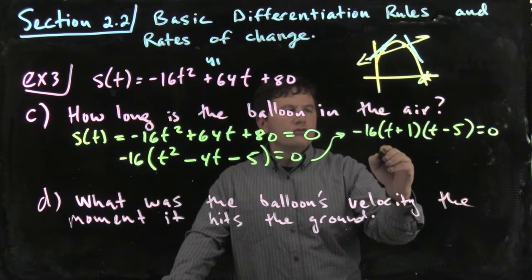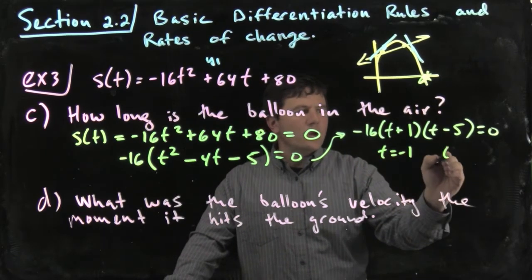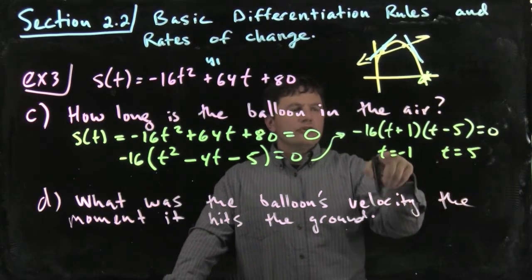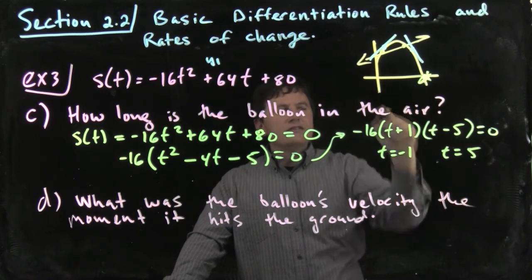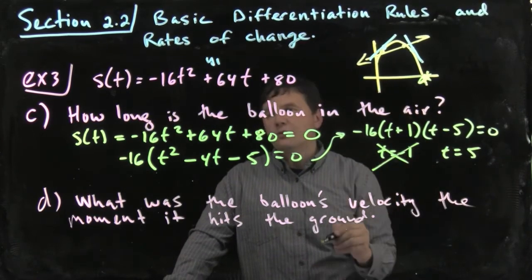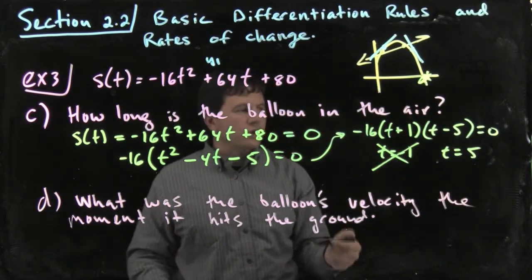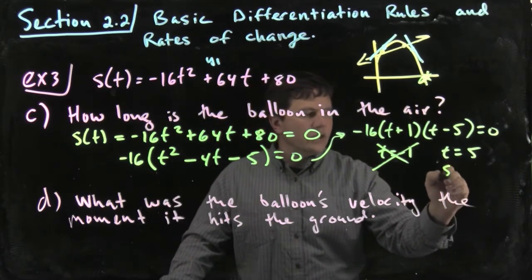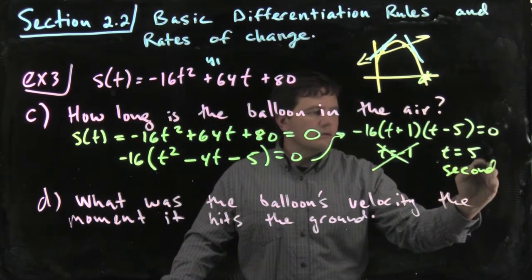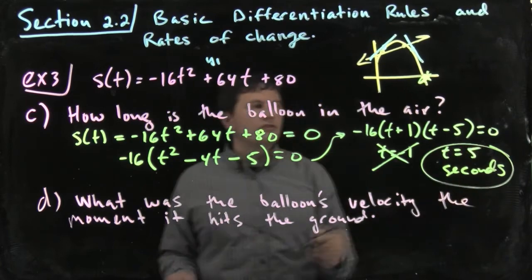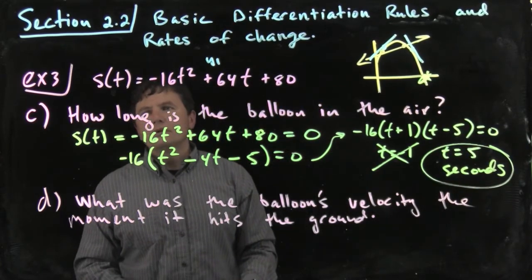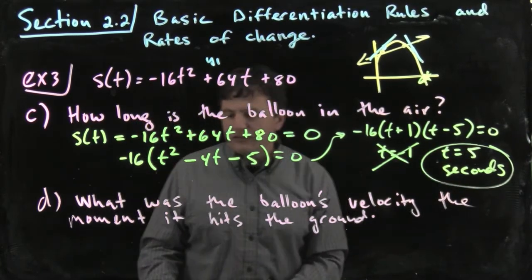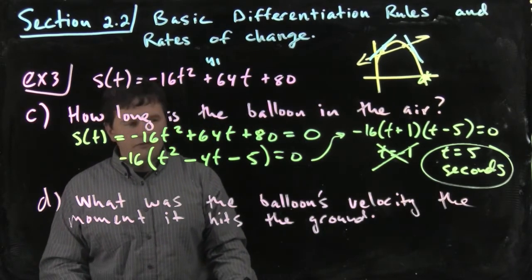So we actually get two possibilities, t equals -1 and t equals 5. Realize that t equals -1 does not make sense in this situation because t equals 0 is when the situation begins. So I'm only looking at t equals 5. The balloon will hit the ground after 5 seconds. So it's in the air for 5 seconds.